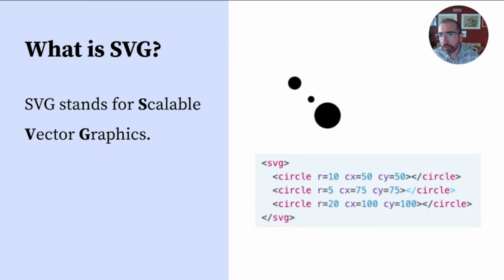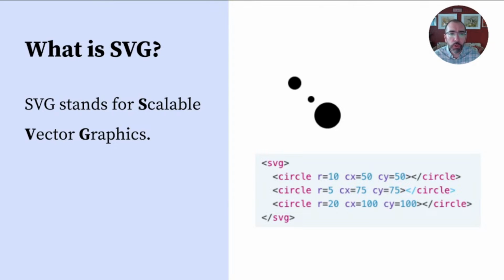So there's the circle tags, and they have their own specific attributes, right? So for a circle tag, we have to give it a radius value to say how large the circle is. We also give it a CX and a CY. That stands for the circle's X coordinates and the circle's Y coordinates. And that'll be the center of the circle there.